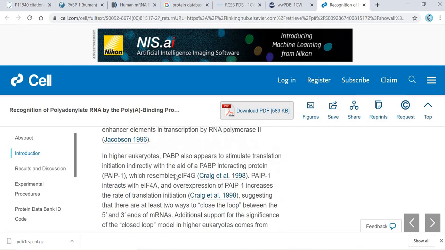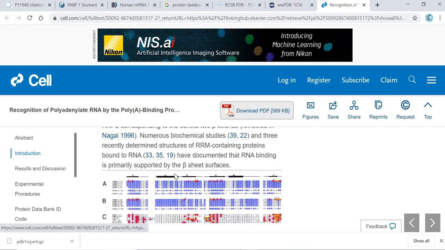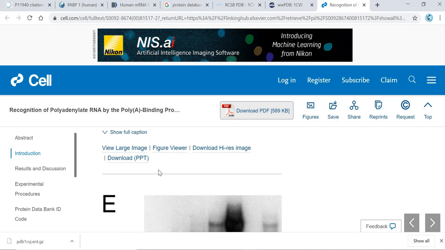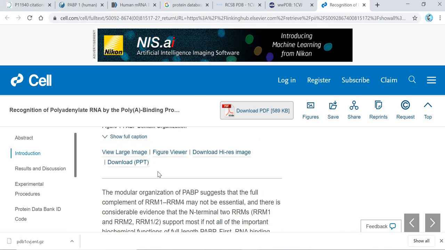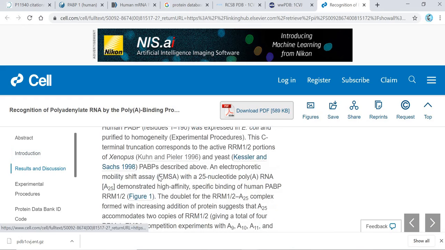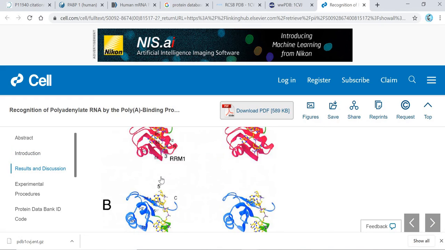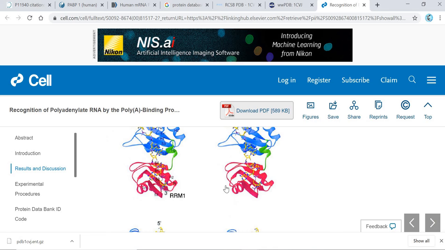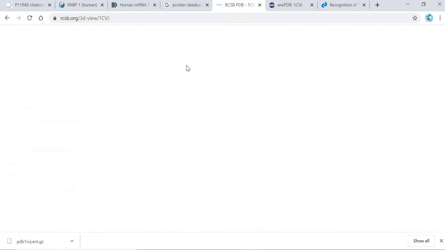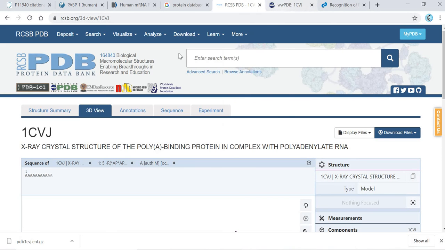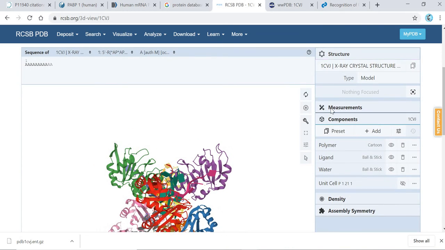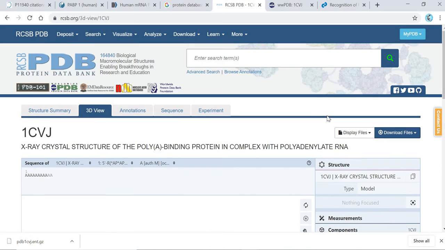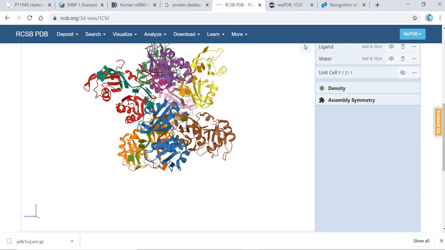Here, it's great because not all journals give access to their publications, but here you have access and it's great. Here they are describing, so if you are interested in a particular protein, you can go to this website, enter the name of the protein and have access to the structure of this protein.